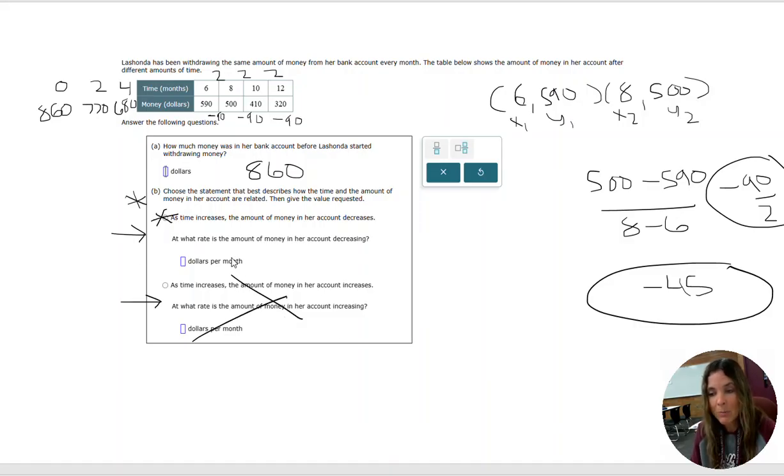Okay, and then we already calculated this next part. At what rate is the money in her account decreasing? And we're going to say $45 per every 1 month, right? It was decreasing $90 for 2, which meant 45 for 1, and now we're done. Okay, the first letter of your password is F.